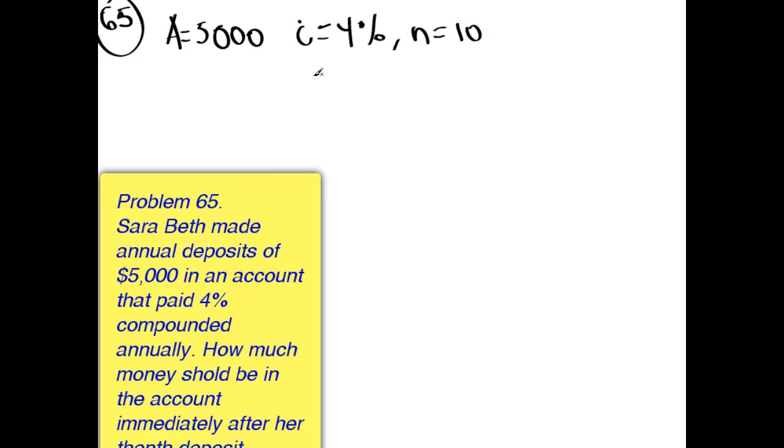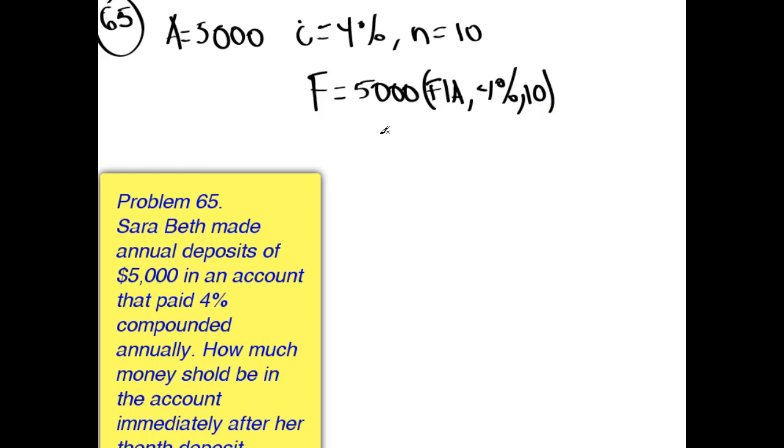So the formula that we can use, we're interested in knowing the final balance at the end of 10 periods. So that's the future value of 5,000, which are annuities, times F given A, at 4% interest rate and we have 10 of those annuities.